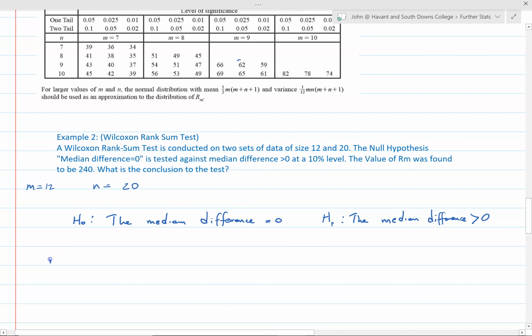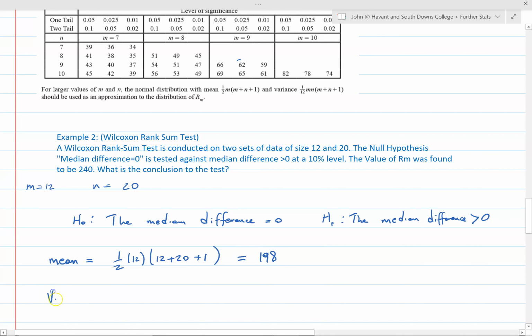So the mean is equal to half times 12 times 12 plus 20 plus 1. That equals 198.